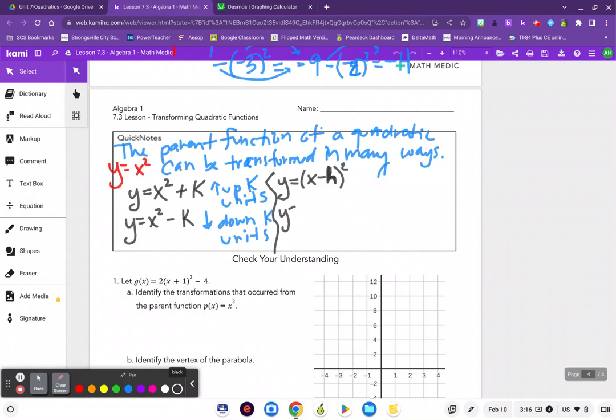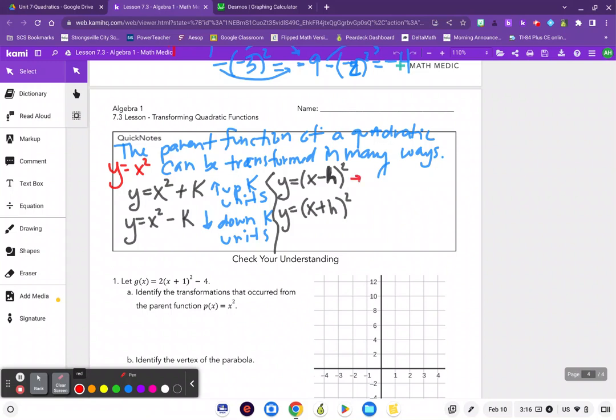Or I could have y equals, in parentheses, x plus h, and then squared. And so remember, though, that when I'm in those parentheses, it is not what you think it is. X minus h does not mean I move left where the negatives are. It actually means I'm going to move right. So it's the opposite of what you think.